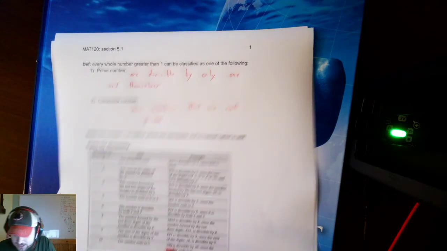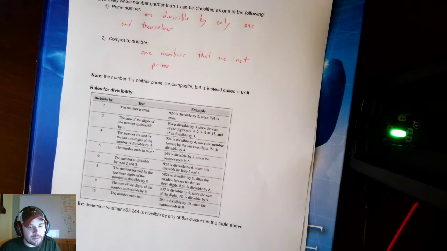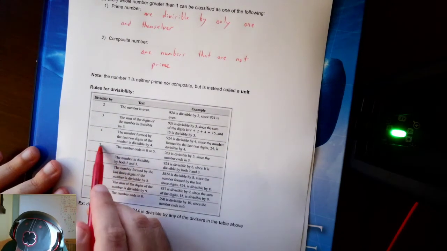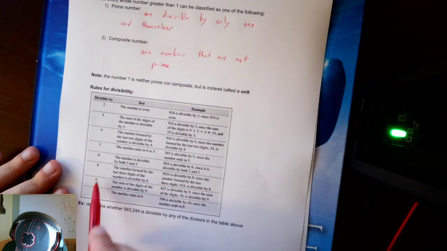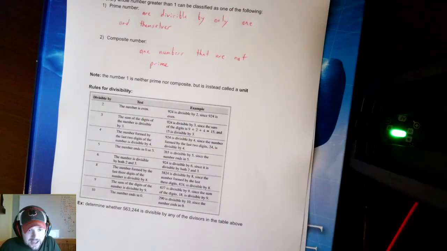Now, we have a little table here for divisibility rules. When looking at a number, determining whether it's divisible by another number can be a little tricky. We've got some examples here: 2, 3, 4, 5, 6, 8, 9, and 10. So we're going to check to see whether a number is divisible by them, and we'll walk through the test as we go through.